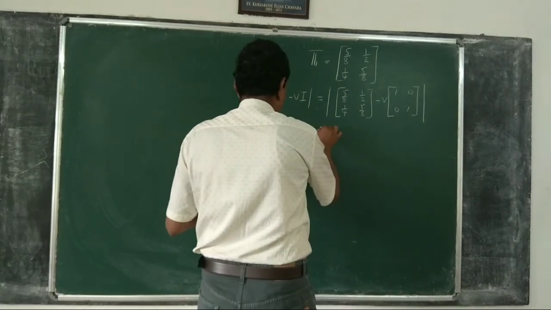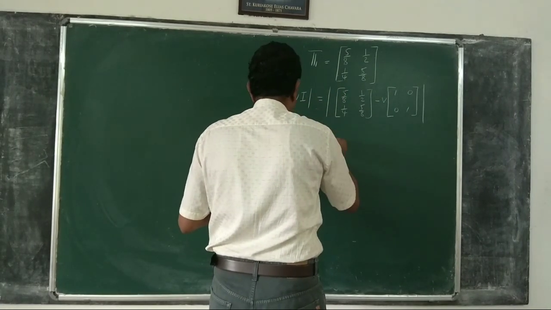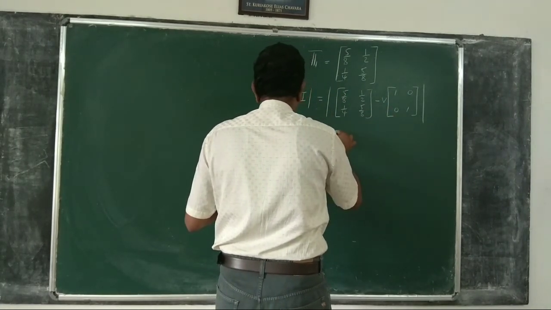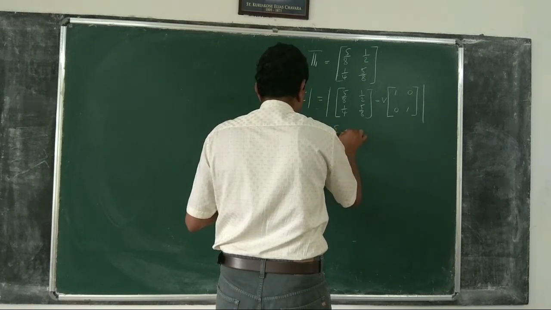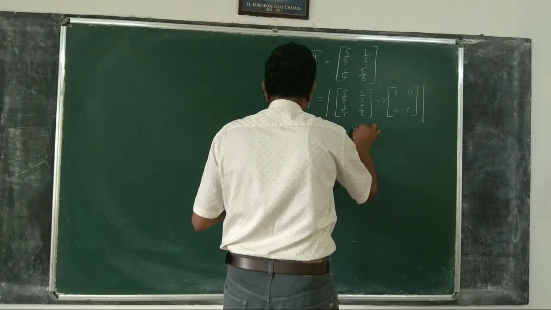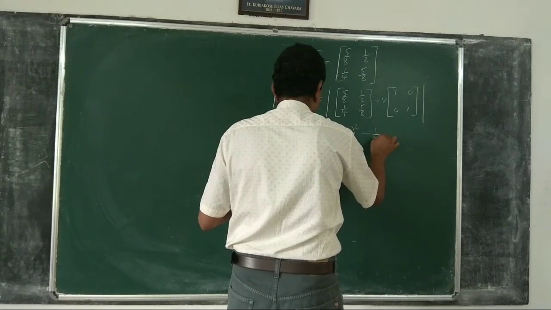The solution will give you the polynomial 5/8 minus v squared minus 1/8.